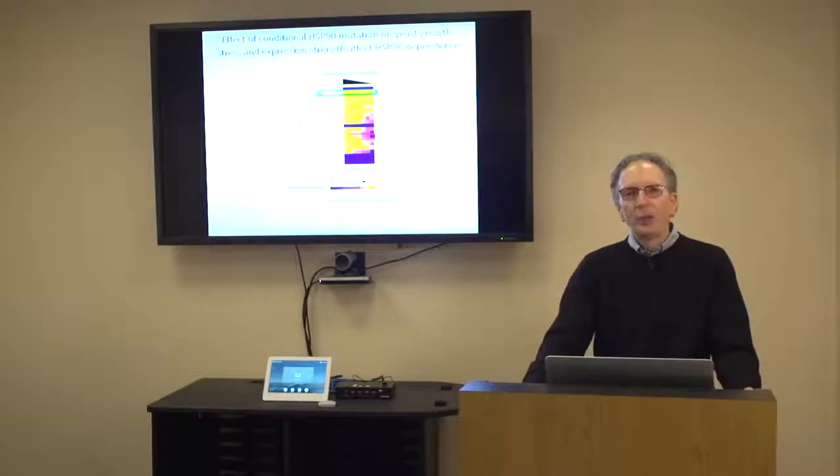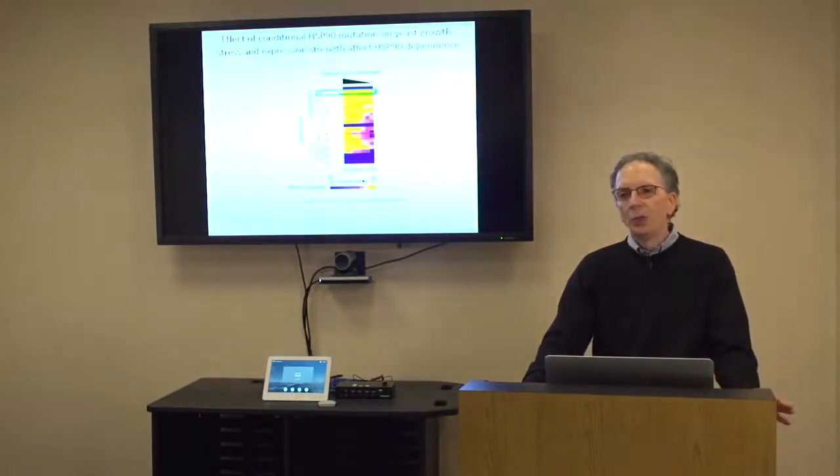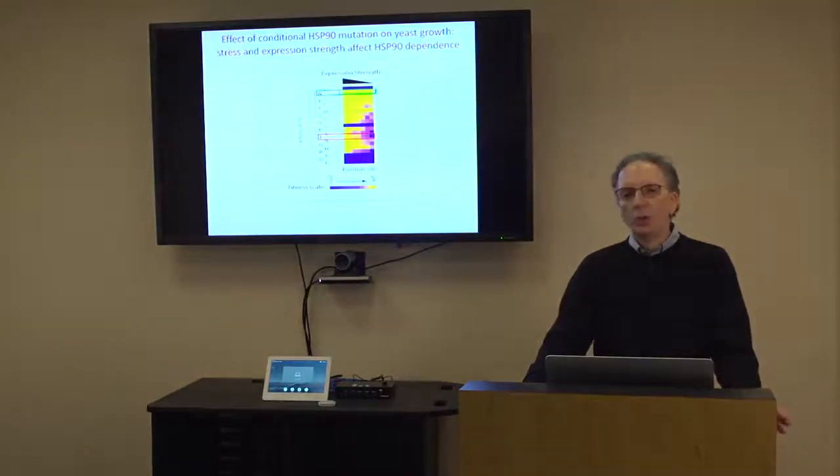At the same time, a similar reduction in expression of wild-type HSP90 has no effect. So, although these yeast are being grown under optimal conditions, reduced expression of the mutant has consequences for viability. In other words, the yeast become more dependent on high levels of expression of this mutant.